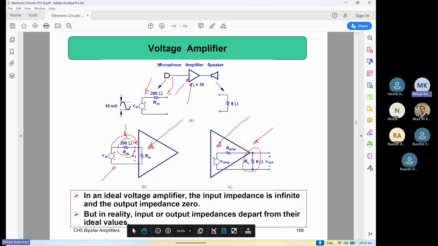What will happen if the output impedance of the amplifier is too large? The voltage delivered to the load will be less, right? So ideally, you like the output impedance of the voltage amplifier to be smaller. For an ideal amplifier, you prefer the input impedance to be very high, but the output impedance to be very low.